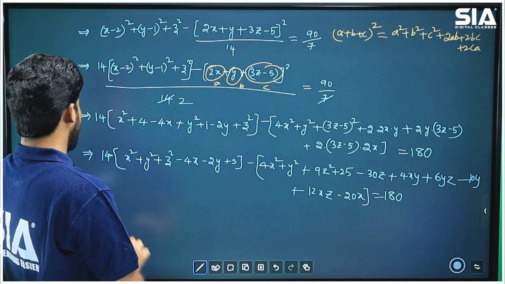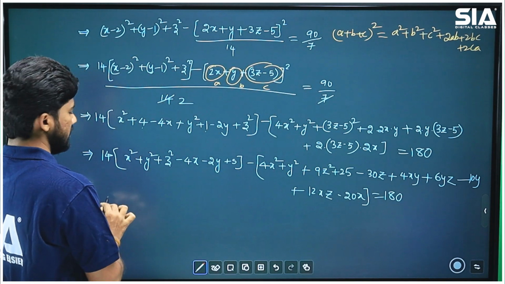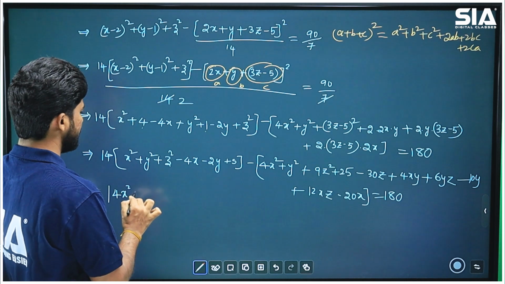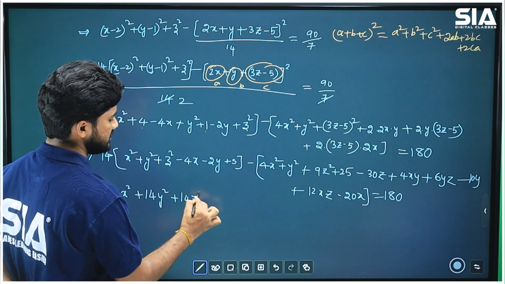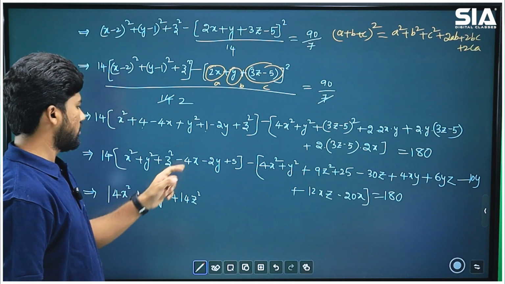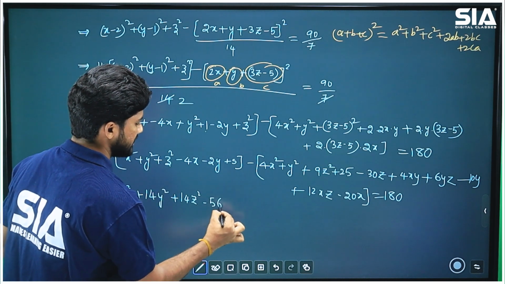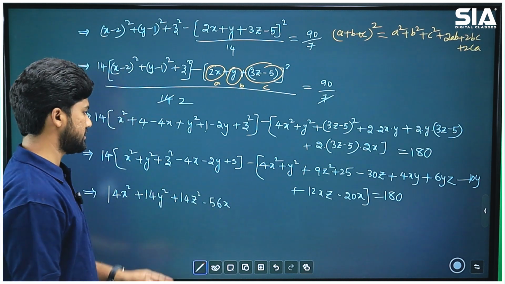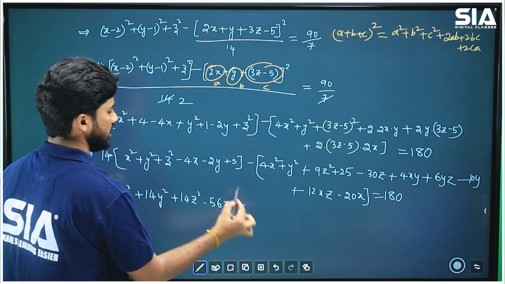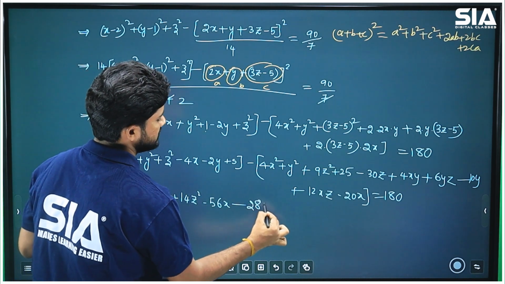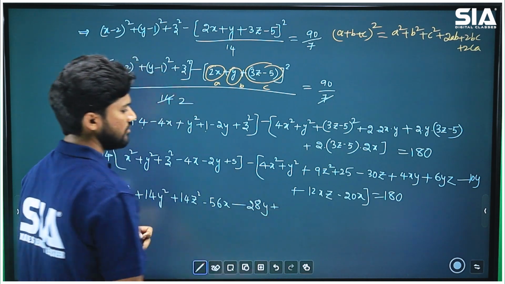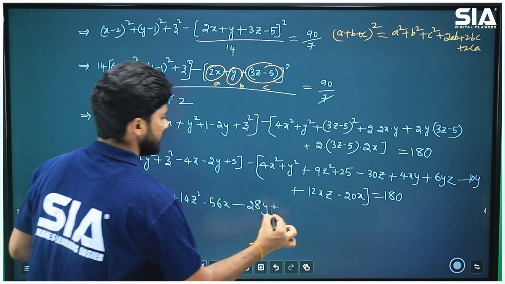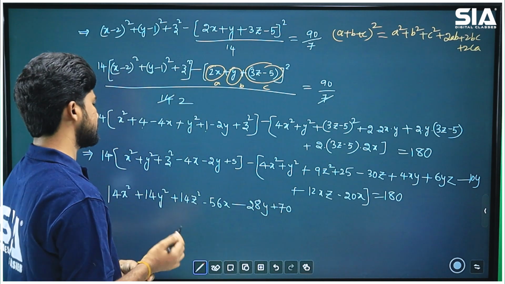So therefore now multiply with 14: 14x square plus 14y square plus 14z square. Okay, so 14 fours are 56, minus 56x, minus 14 twos are 28y, and 14 fives are 70.